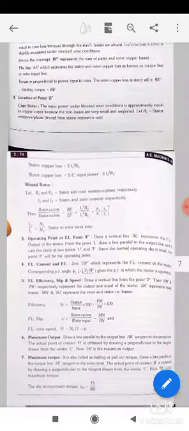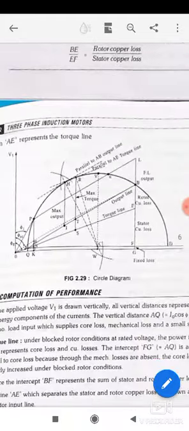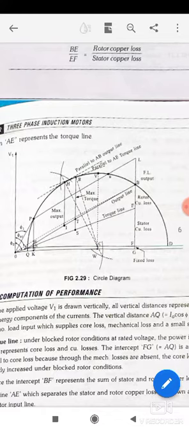Here you can see this is the circle diagram. There are so many points, but by looking at this diagram, I cannot tell which step has to be drawn first.